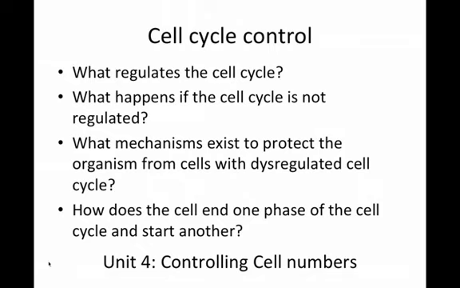So what regulates the cell cycle? CDKs and what? Cyclins. So there are proteins that regulate the cell cycle, and the amounts of proteins go up and down, and that is what determines if you're entering a phase of the cell cycle or going to end a phase, generally.